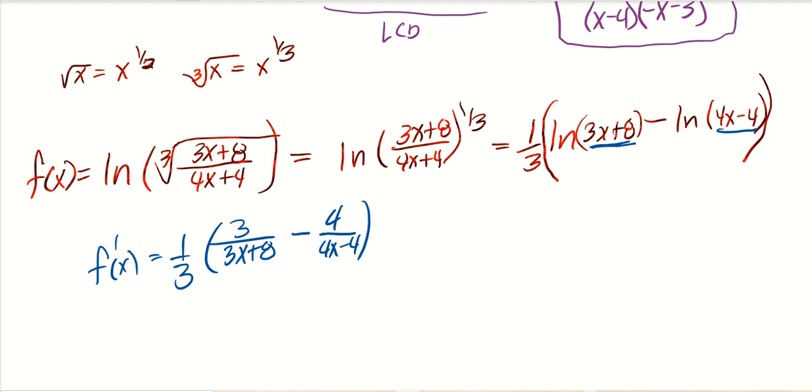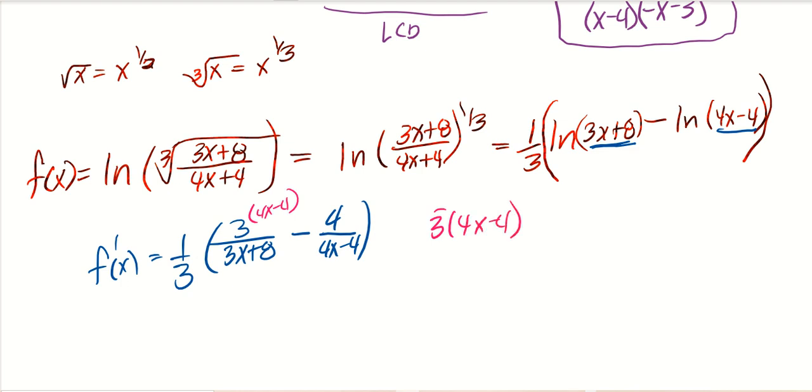Now, in order for us to combine our two terms in the middle here, we would need to find the LCD. So the LCD between 3x + 8 and 4x + 4 is both of those terms put together. So I want to multiply the first one times the 4x + 4. So that is 3 times (4x + 4).